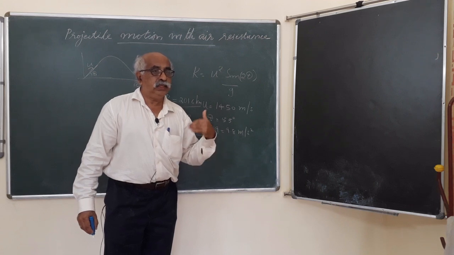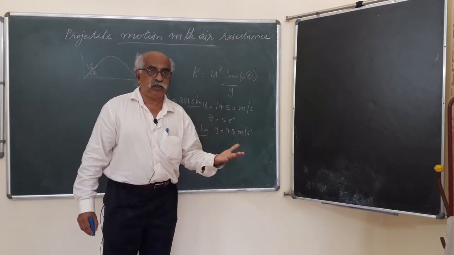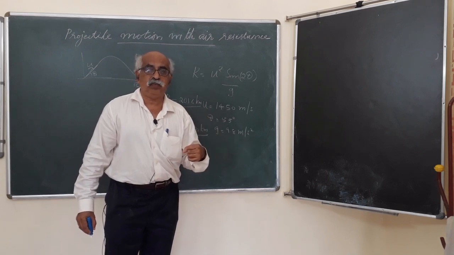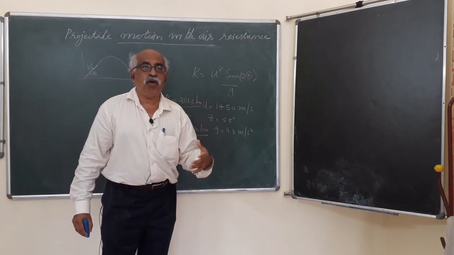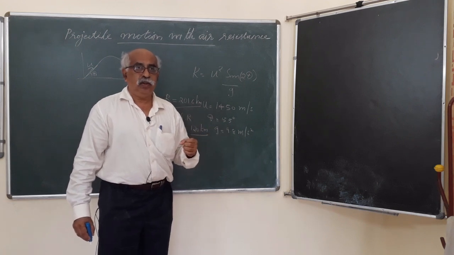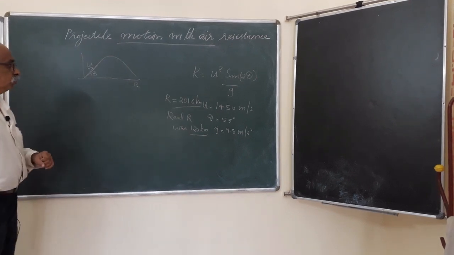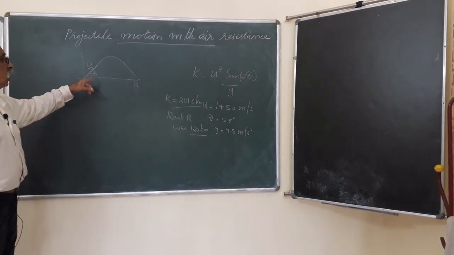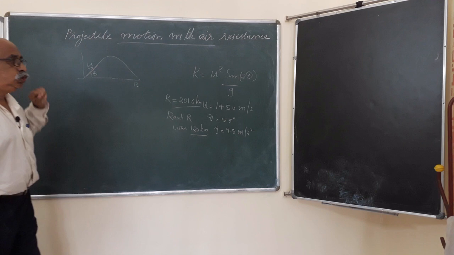Assuming an air resistance which is proportional to the speed of the particle, or the velocity of the particle, we can derive expressions for horizontal range. This is what is done in this lecture. First, as in the previous case, the angle of projection is theta and the initial velocity is u.